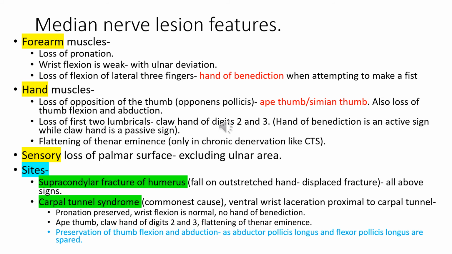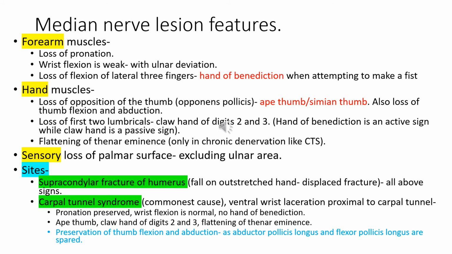So if the median nerve is affected at the wrist, then flexor pollicis longus will be unaffected, and so thumb flexion will be normal. While if the median nerve is affected at the elbow, then both flexor pollicis longus and flexor pollicis brevis are gone, and so there is loss of thumb flexion.